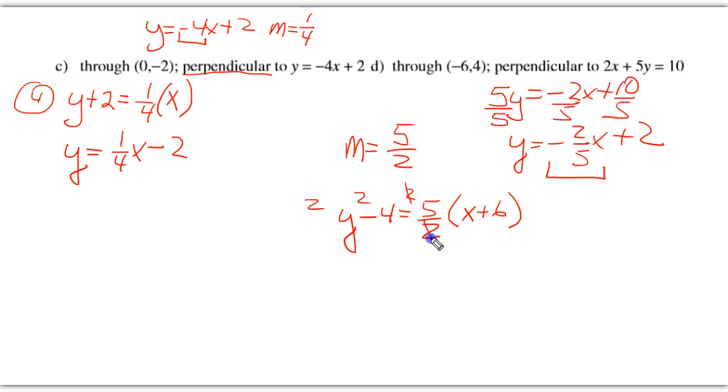So these will cancel out, and I get 2y minus 8 equals 5x plus 30. Transpose the negative 8 to the other side, where it becomes a positive 8.